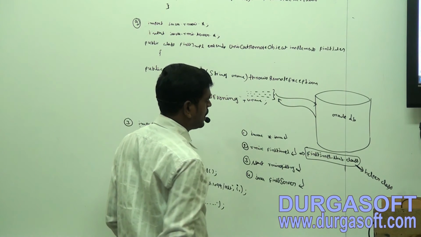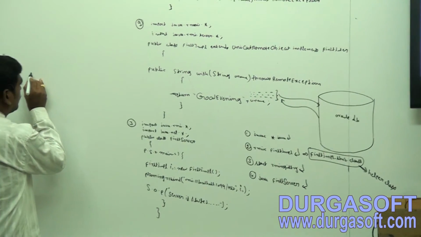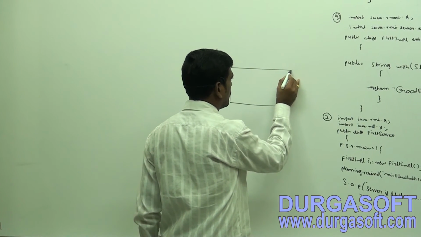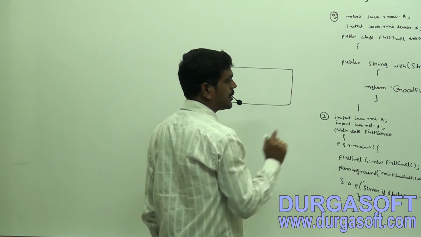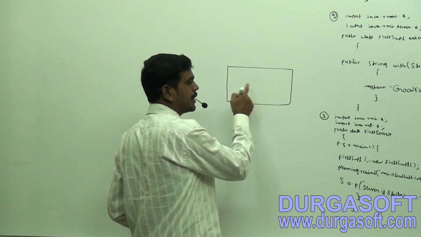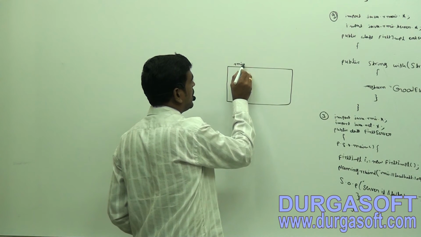Then automatically one registry is going to be started here. Whenever you are starting the RMI registry, one registry is going to be started here. This is the RMI registry.